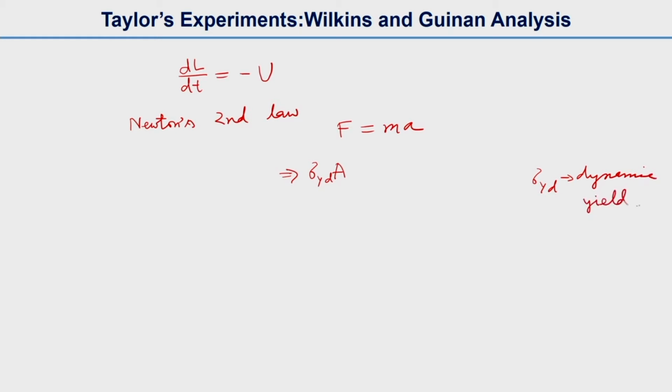We know that the stress in the plastically deformed area will be sigma yield, constant throughout, so sigma yd multiplied by the area gives us the force. Mass will be rho naught, the density of the projectile bar material, multiplied by L into the cross sectional area, since L times A is the volume.